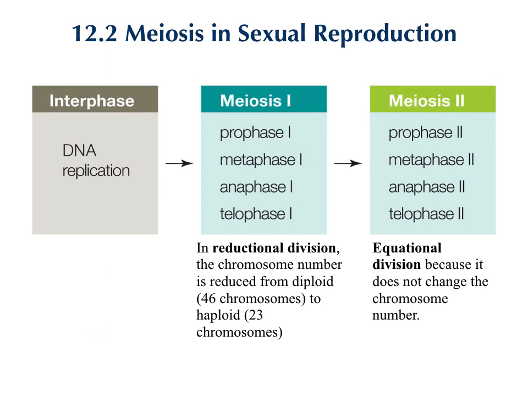All right, so we start out just like we did in mitosis with interphase, where we replicate our DNA. And then in meiosis I, we will have what is called a reductional division. This is where we reduce the chromosome number from the diploid, 46 chromosomes or 23 chromosome pairs, to the haploid number, which is 23 chromosomes.